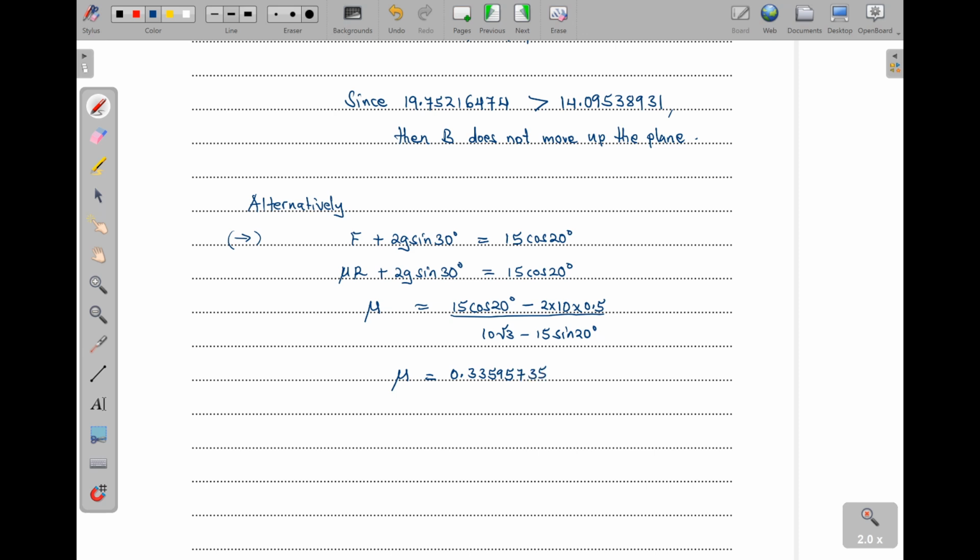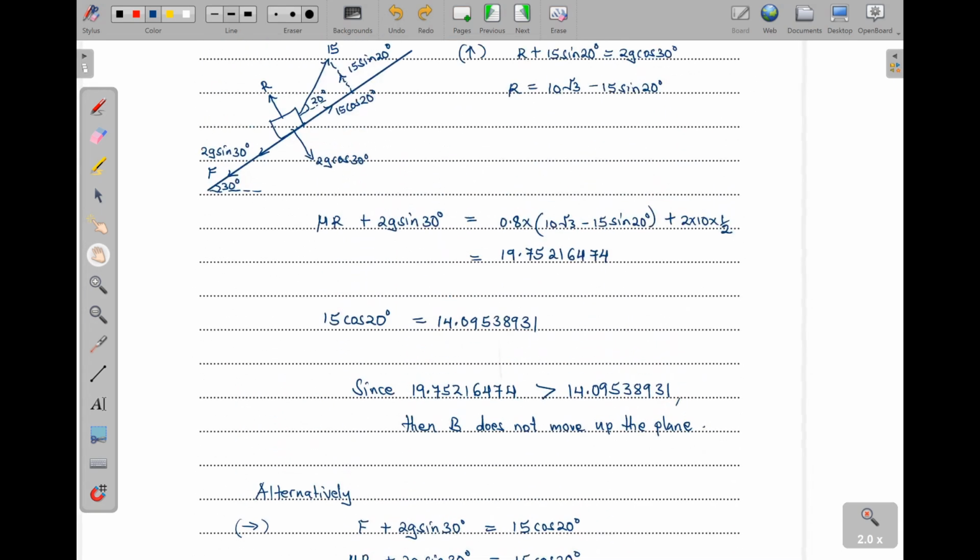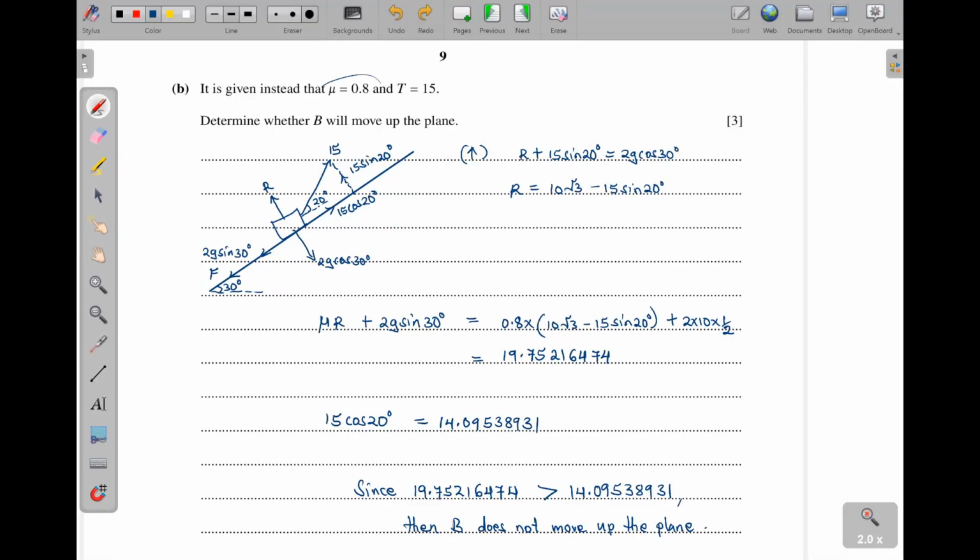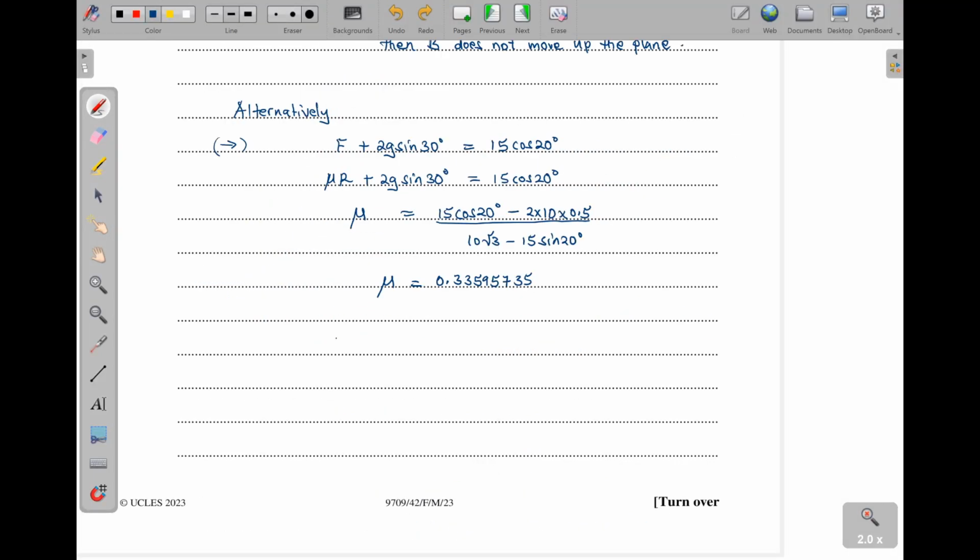0.33595735. Okay, so this value we have gotten is way below the one which is given. So I would conclude and say since 0.33595735 is less than 0.8, the block does not move up the plane.